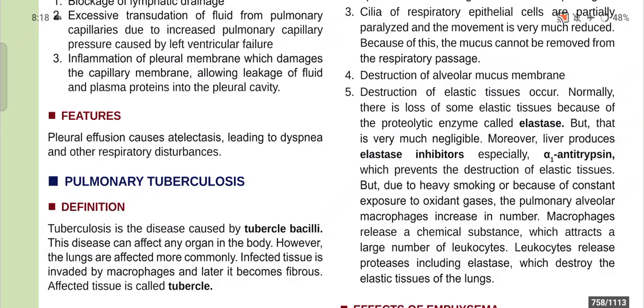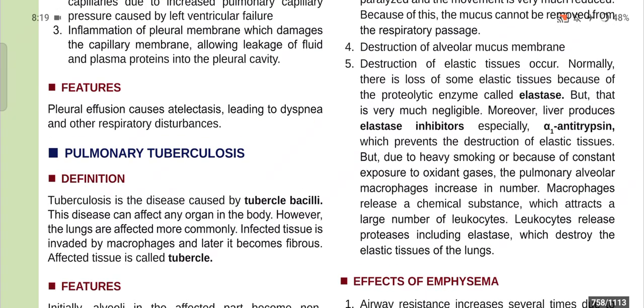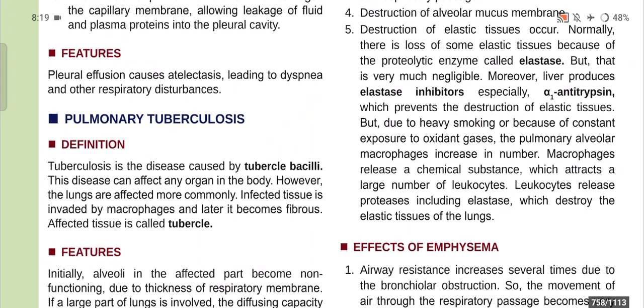Moreover, the liver produces the elastase inhibitor, especially alpha 1 antitrypsin, which prevents the destruction of elastic tissues, but due to heavy smoking or constant exposure to oxidant gases, the pulmonary alveolar macrophages increase in number, and macrophages release chemical substances which attract a large number of leukocytes. And the leukocytes release the protease including elastase, which destroys the elastic tissue of the lungs.